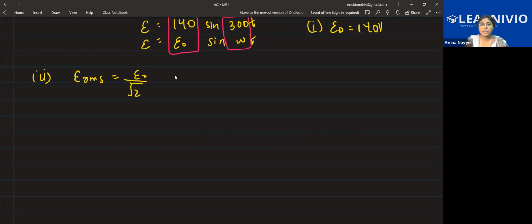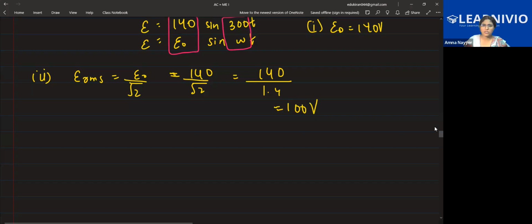So this will be simply 140 divided by root 2. See class, 140 by root 2, it's very easy to solve because root 2 is 1.414 something. So this will be around 100 volts.